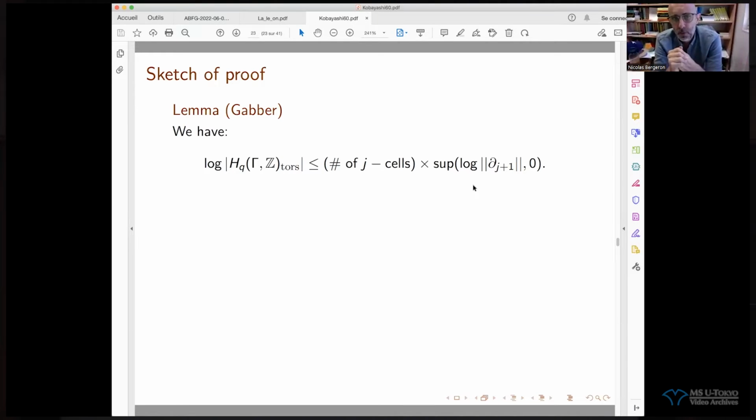For the torsion part, it's a little bit harder, but if you know how to bound the number of Q-cells in a CW complex that computes the homology of Gamma, and if you know how to bound the log of the L2 norm of the boundary map, then you have enough information to bound the log of the torsion.